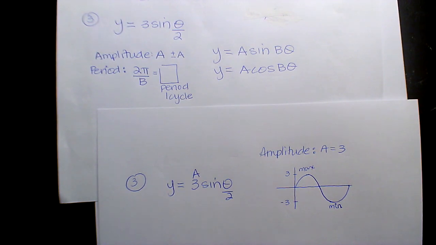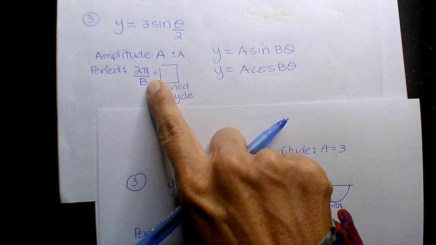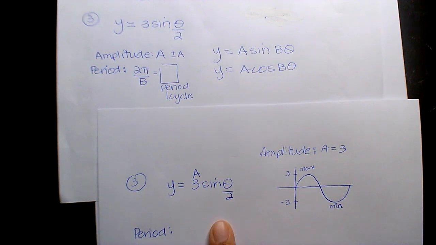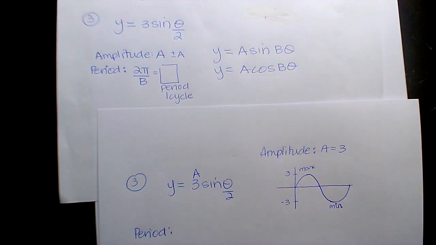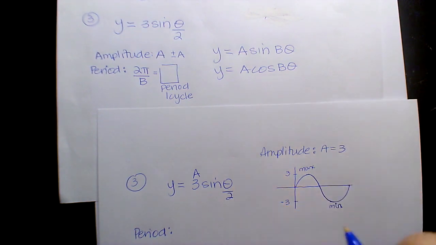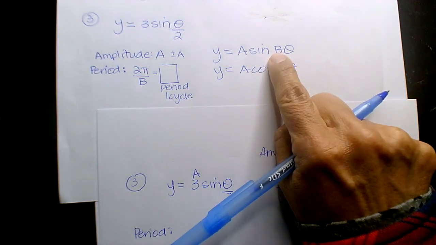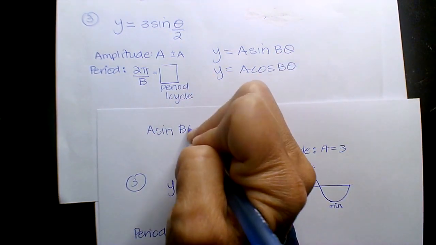So now the period becomes 2 pi over b. Okay, what's the value of b here? 2. But where's the 2? Yeah, so I know you see this, so it's technically a sine b theta.